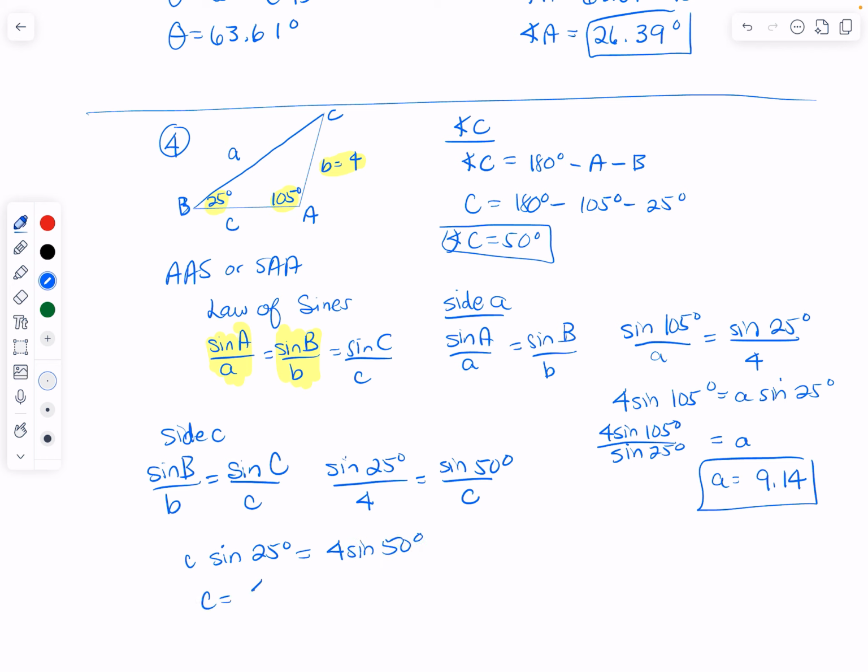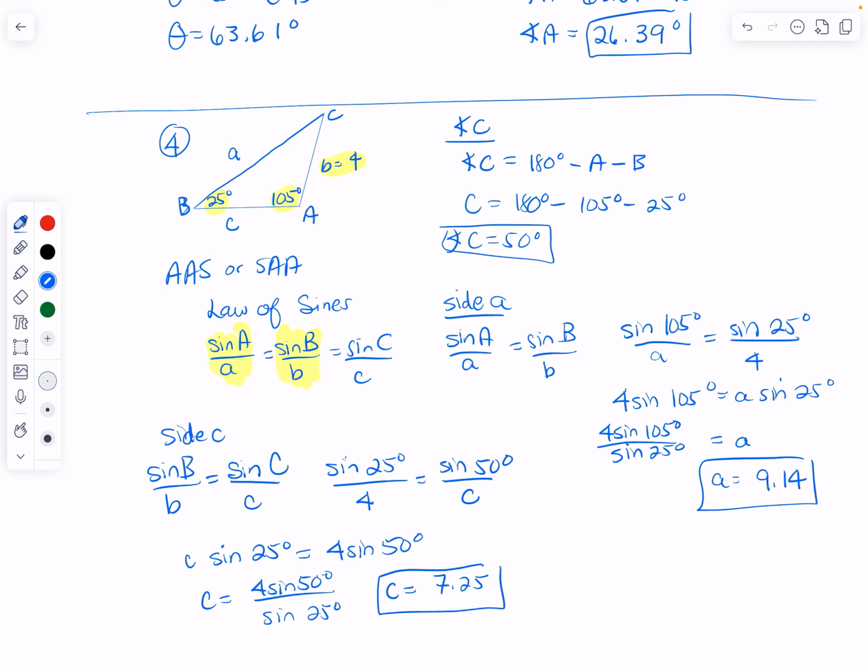C therefore equals 4 times sine of 50 degrees over sine of 25 degrees. So again, use parentheses. 4 times sine 50 degrees divided by sine of 25 degrees. And when I did that, I got C equals 7.25.